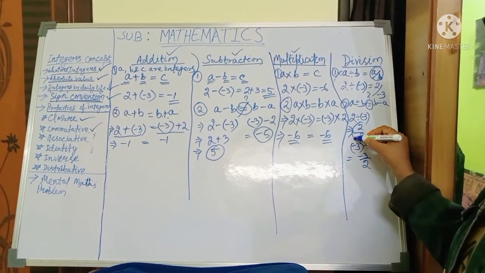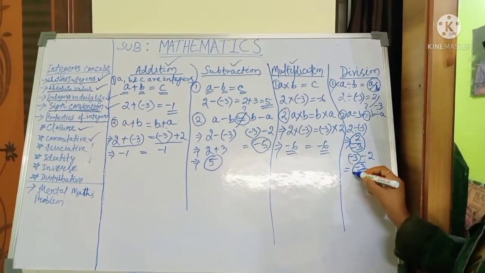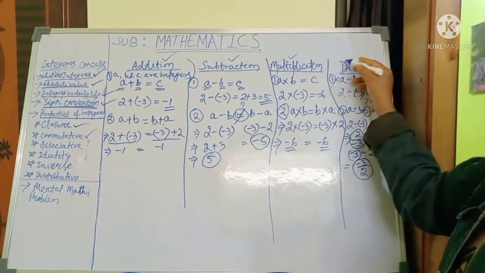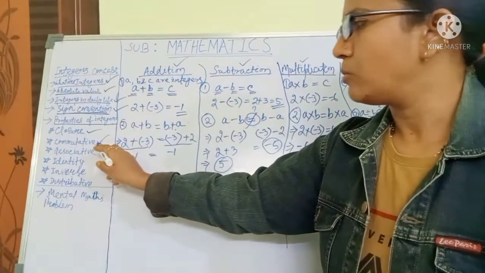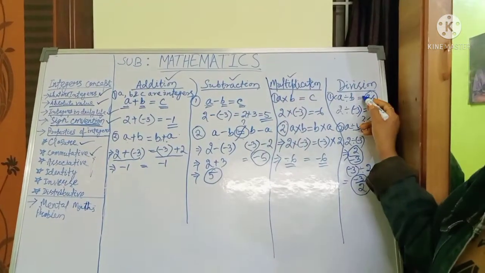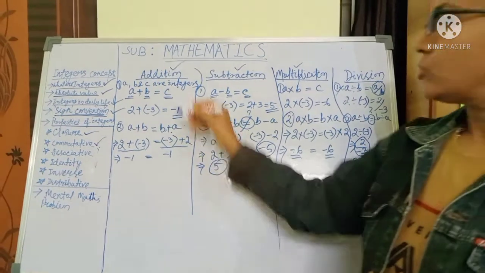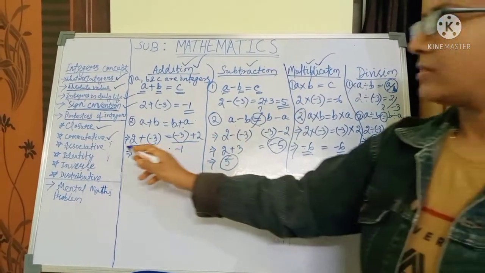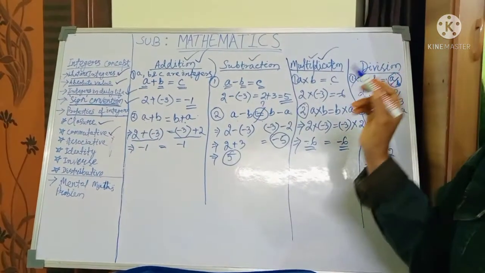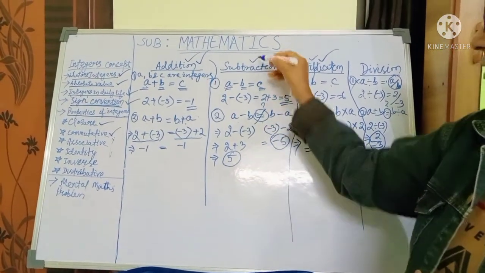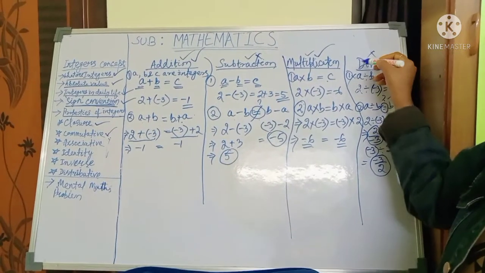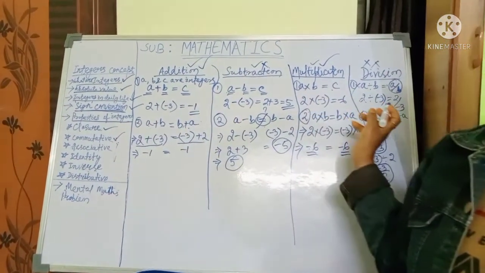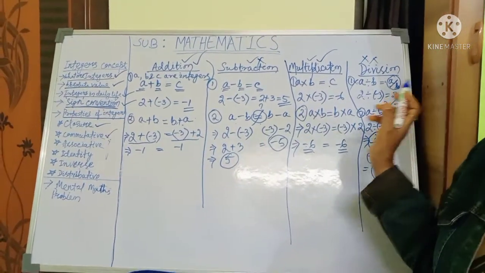So 2 by minus 3 is not equal to minus 3 by 2. So in division, the commutative property cannot be applied. Only for addition and multiplication is this property applicable. For subtraction and division, it cannot be applied.